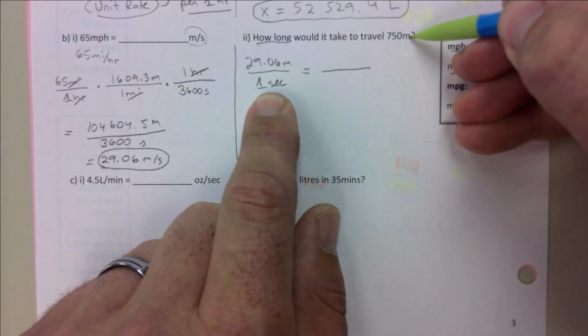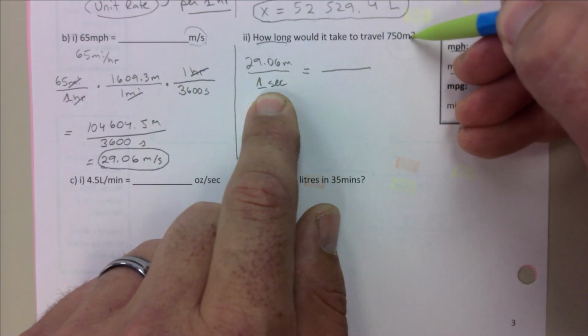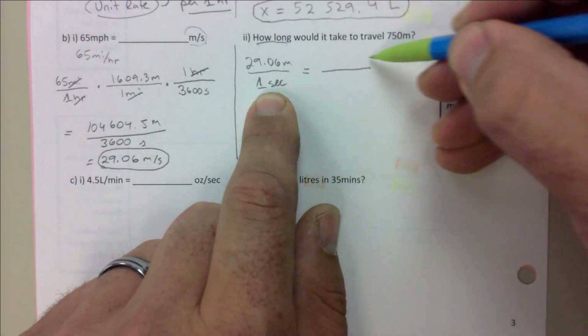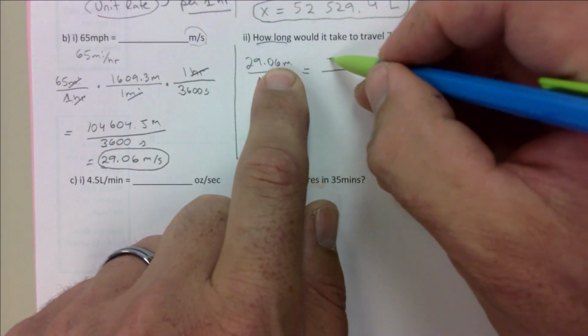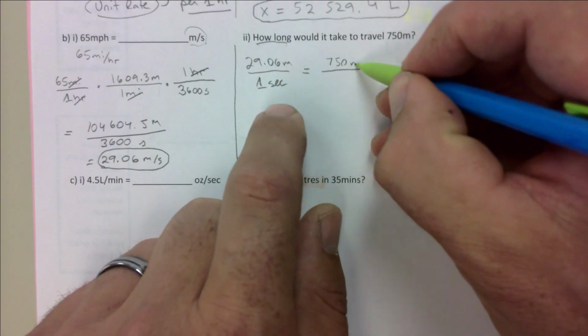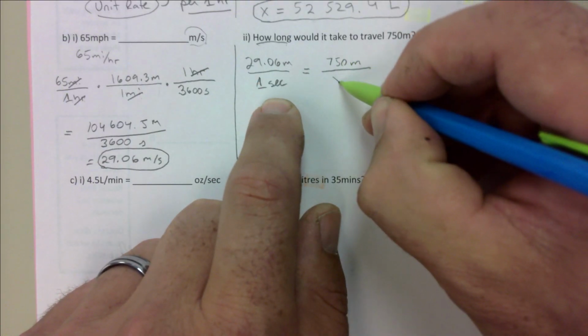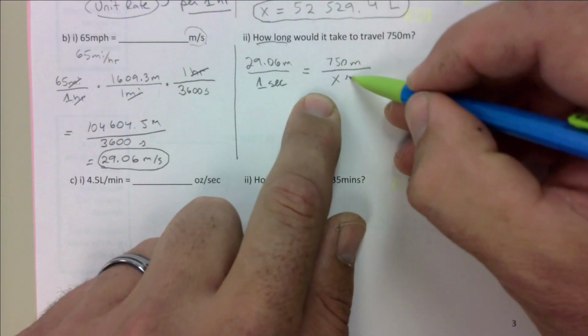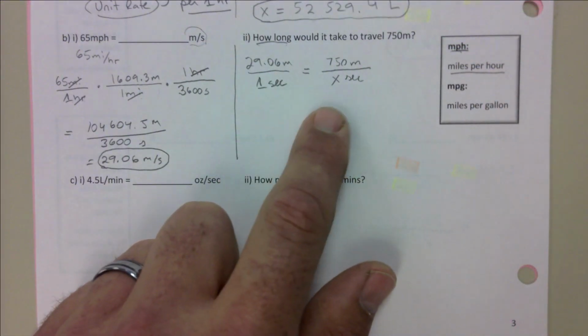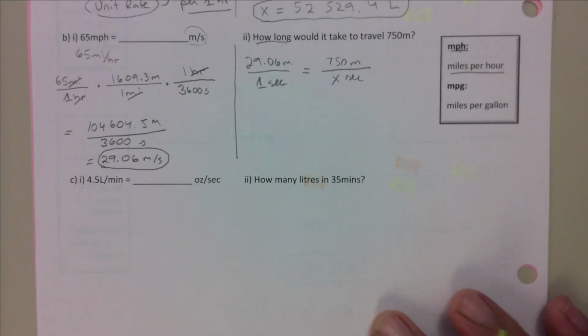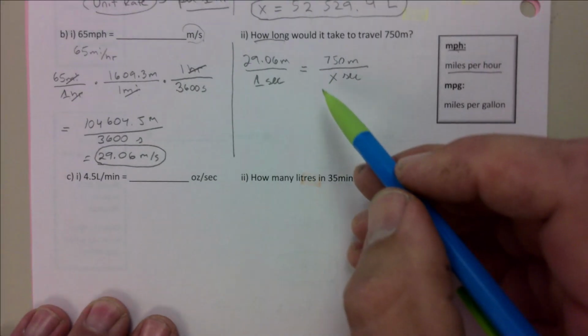So where will the 750 go? It will go at the top, because meters are at the top on the other side. Okay? And you make this your time, and it's going to be in seconds, right, if you calculate it this way.